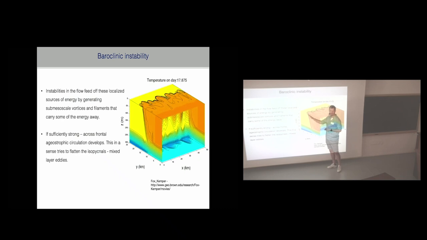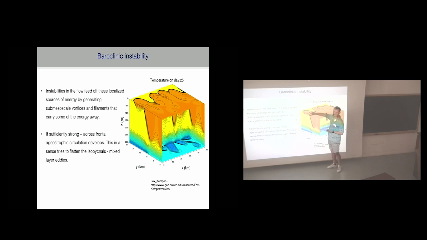The warmer light water wants to lie on top of the denser cool water. As those waters slump through these submesoscale eddies, we create new mixed layers that are much shallower than the conditions we had before. And this is what we term mixed layer eddies.